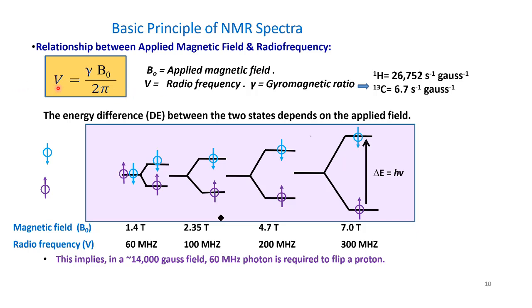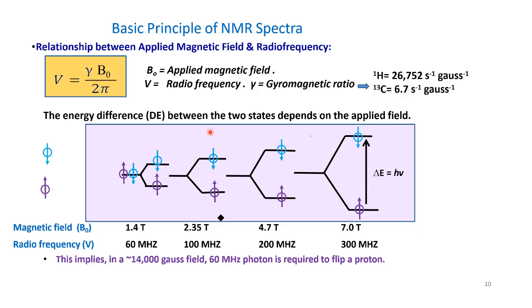Then nu is the Larmor frequency or the radio frequency, and gamma is the gyromagnetic ratio. So it is different for different protons or nuclei. For the proton it is 26.752 per second per gauss, and for 13 carbon it is 6.7.